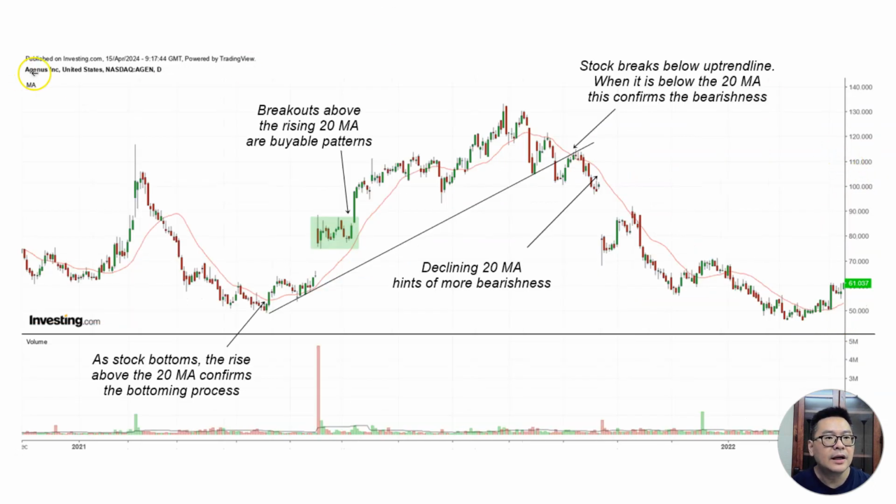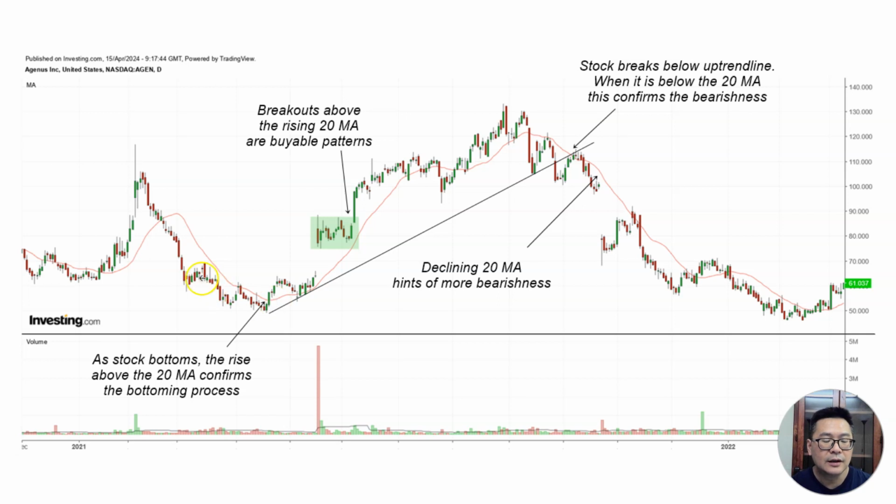So we have this Agenus Incorporated, AGEN. You can see how the stock was below the 20 MA, and then it started to rise and boom, all the way up, and then it declined. A declining 20 MA tells us not to touch the stock all the way up here, but eventually stocks will not always drop, they will bottom.